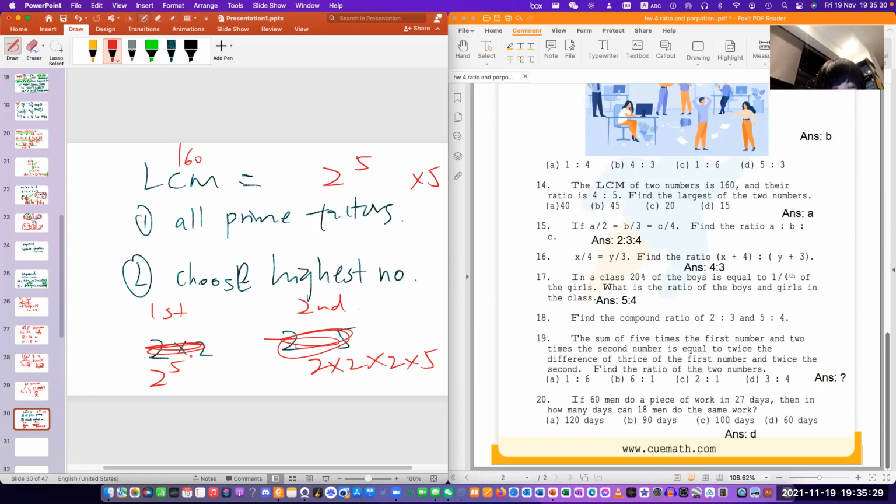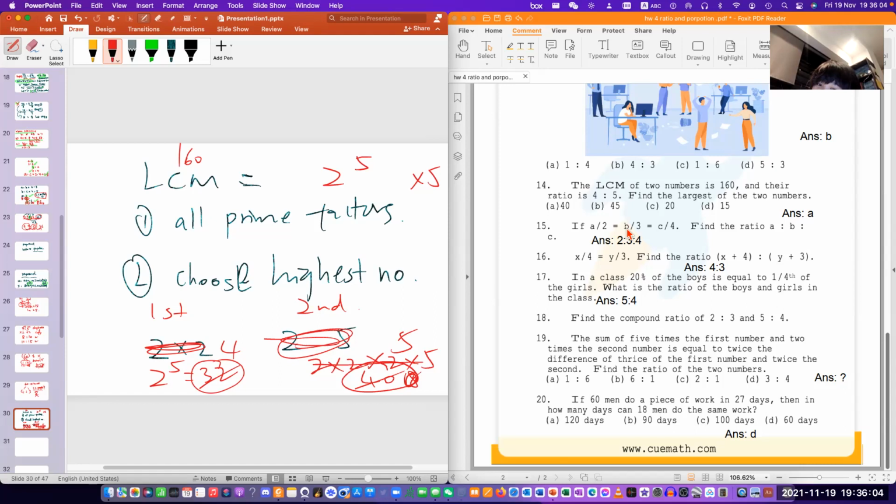So 32 to 40. If you simplify this, you get 4 and 5, of course with 8 as the common factor. So the largest of the two numbers is 40. Correct. 40 is the larger number and 32 is the smaller number. All right. Very good.